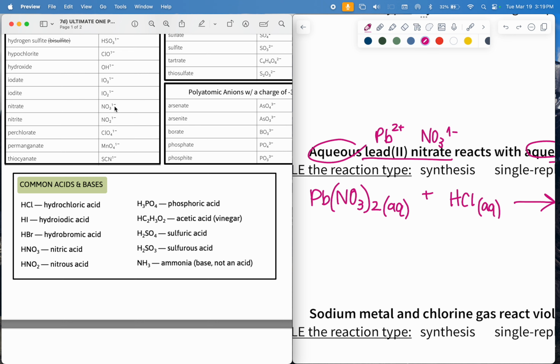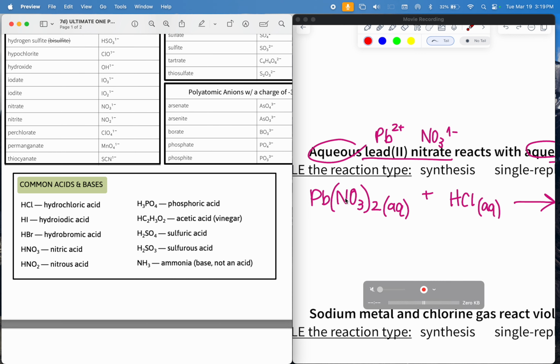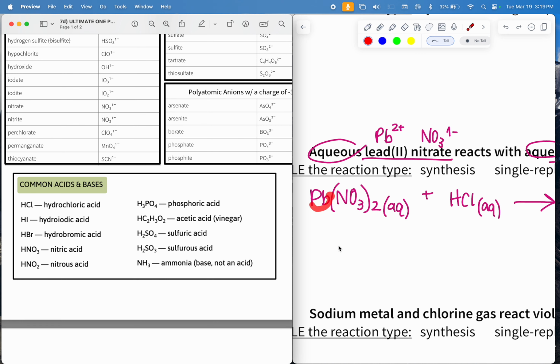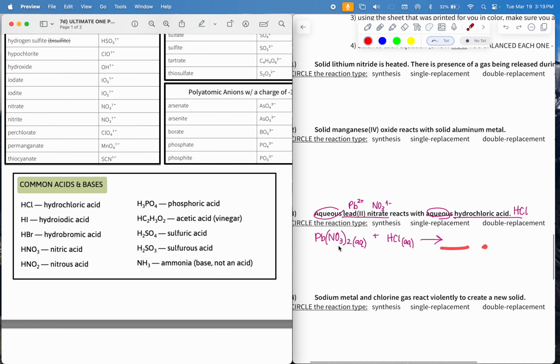So we have here 2 reactants that each have 2 components to them, right? With this nitrate, we typically tend to treat those polyatomic ions as one part of the compound. So I've got lead, nitrate, hydrogen, and chlorine. And we want to predict what is going to happen on the other side of this equation based on what I have reacting here.